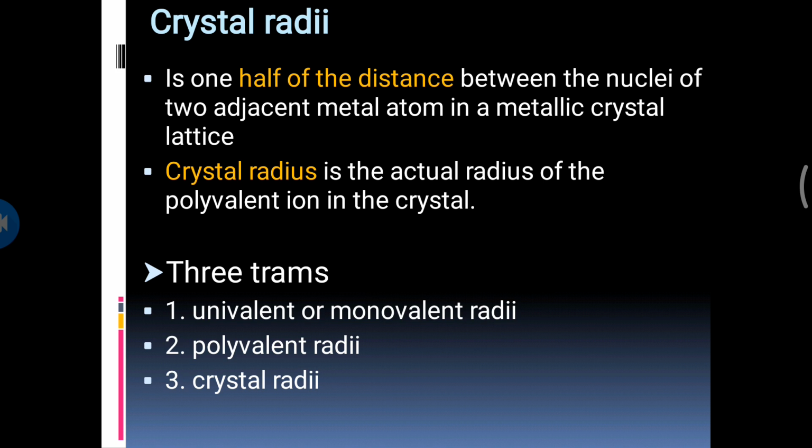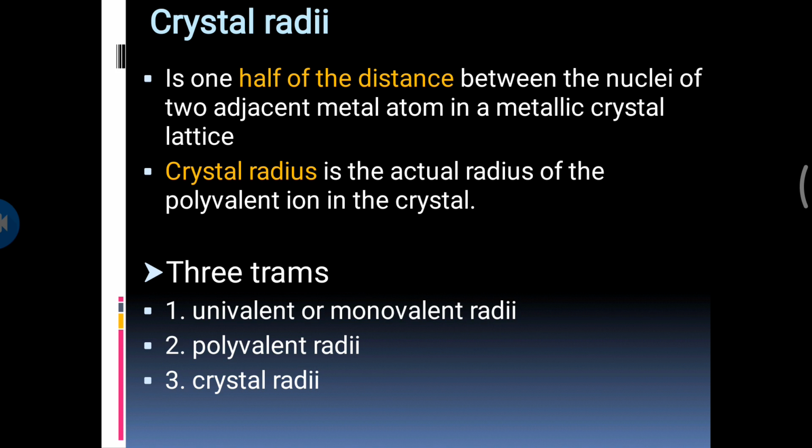For this chloride ion, the observed and calculated ionic radii are the same and agree. But for polyvalent ionic radii, the calculated and observed ionic radii are different.